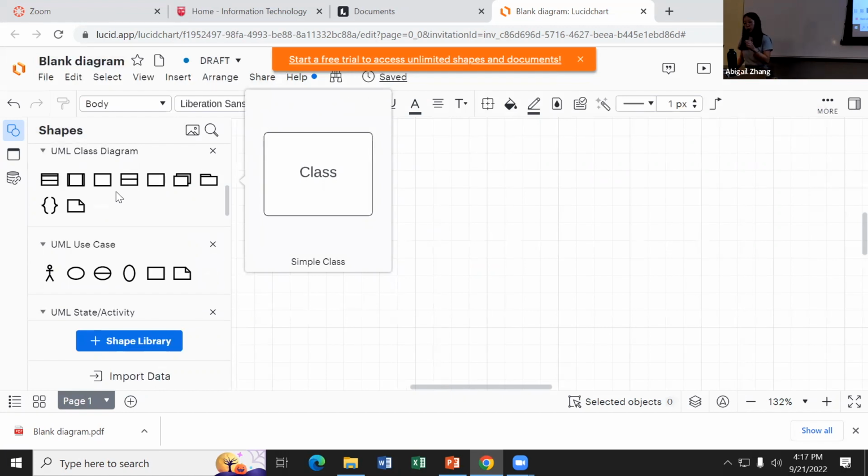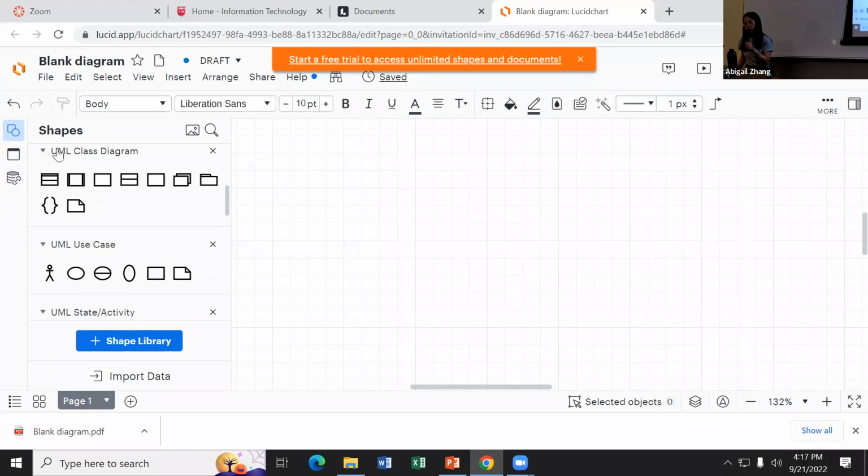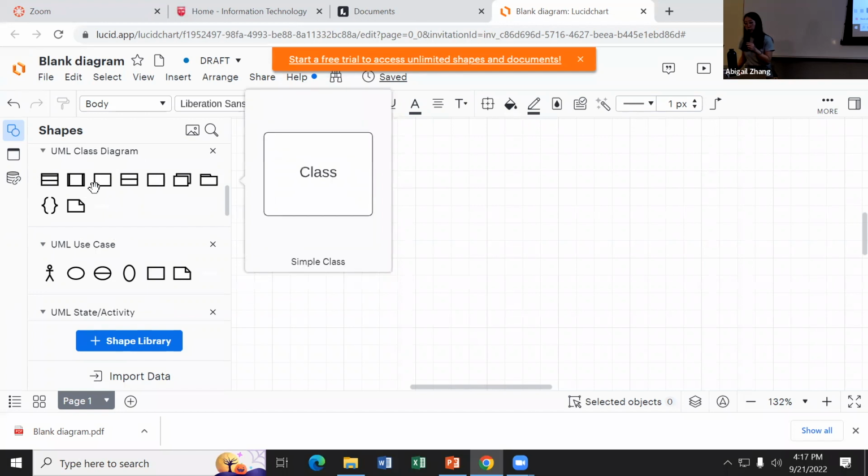When we do the UML class diagrams, the shapes within the category of UML class diagram are the ones that we are focusing on. For example, the third shape here is a class shape. It's purely a rectangle with the name Class in it.